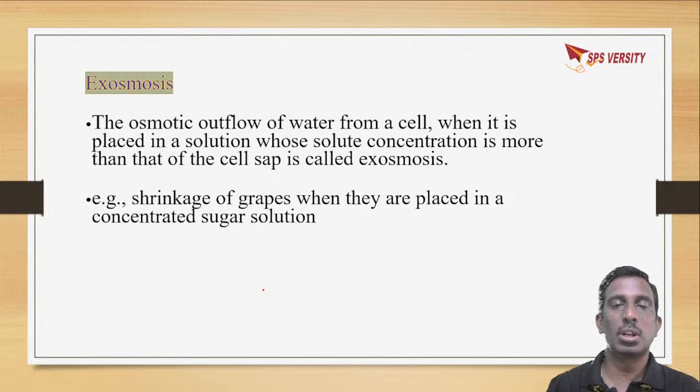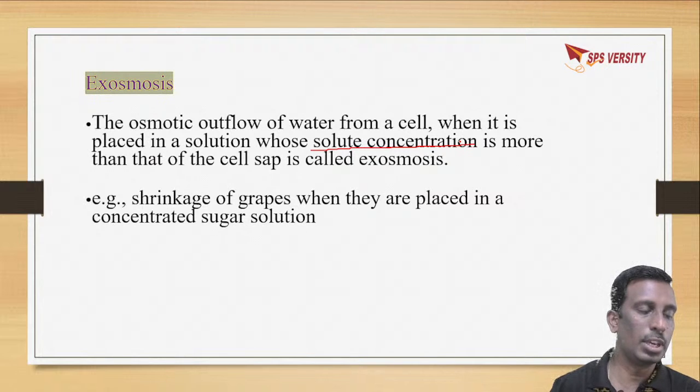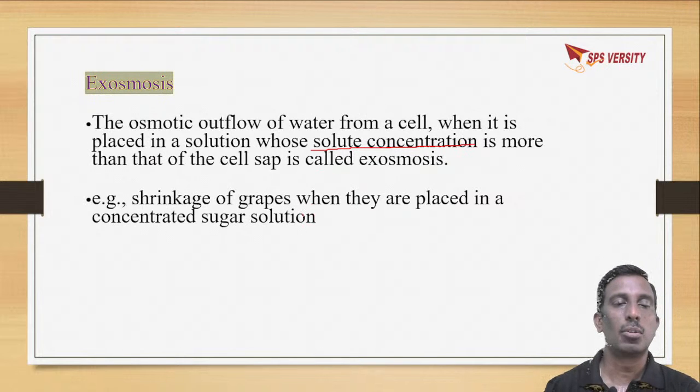Exosmosis, where water comes out of the cell, when will it take place? When it is kept in a solution where the solute concentration is high. That is, when you keep grapes in a concentrated sugar solution, the water in the grapes comes out.